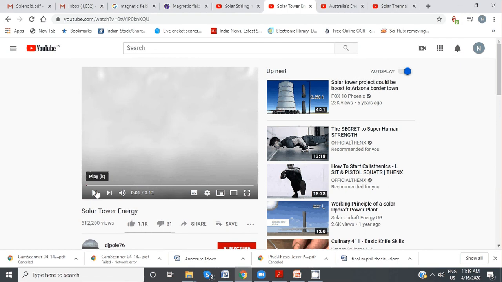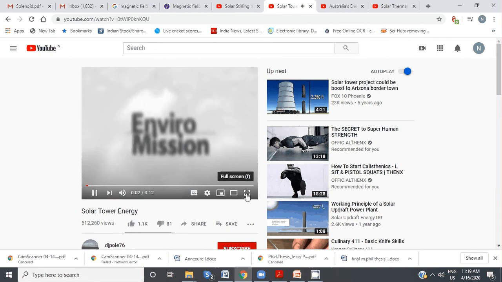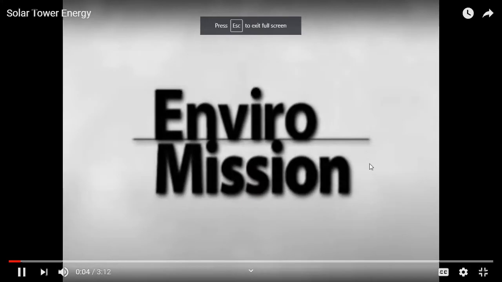So this is the video which I'm talking about. This kind of technology is underway. It's a huge structure. The solar chimney is about 1 kilometer long.